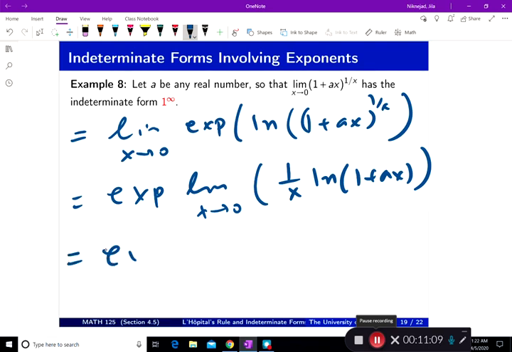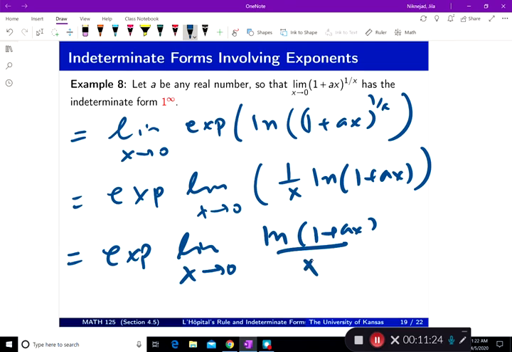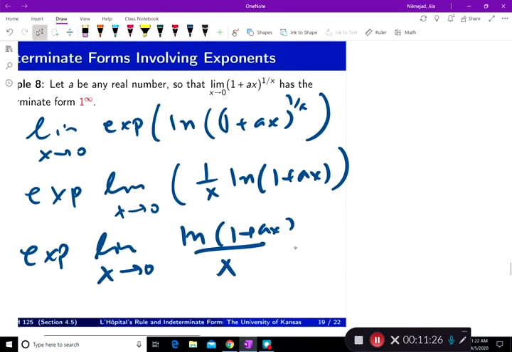This one is a little easier because writing it as 0 over 0 is very natural. And I get natural log of 1 plus ax over x. And this time around, it's 0 over 0.